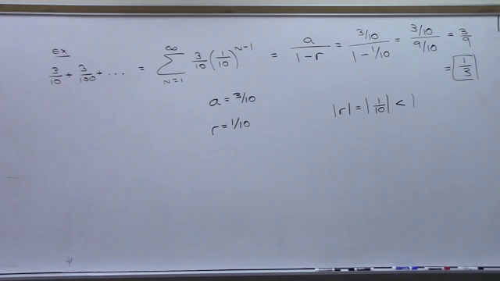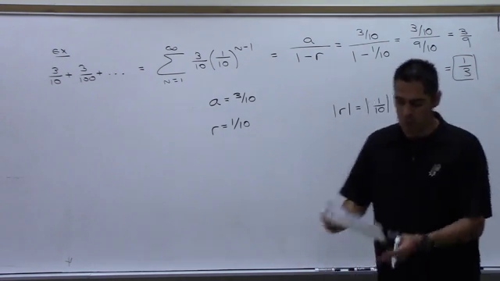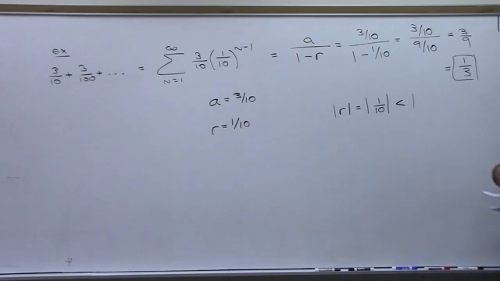That's it. Point 33333 forever. Isn't that nice? For geometric series, you need the absolute value of r to be less than 1 in order for it to converge. Beautiful.